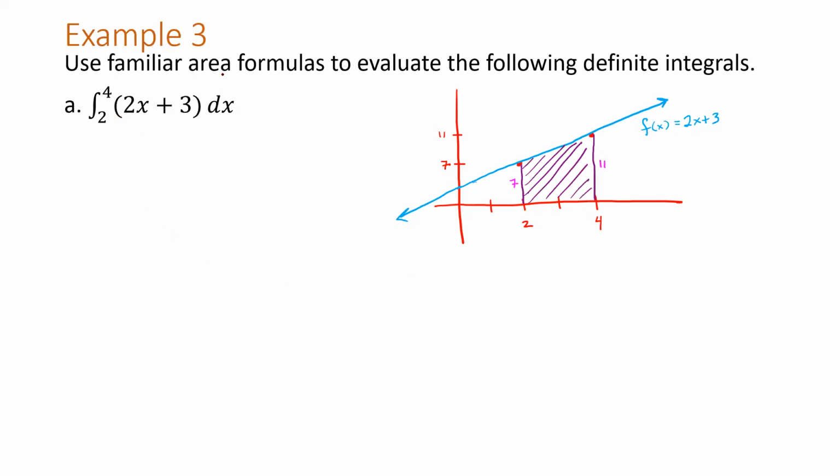So to compute the integral here, one way to do it is to look at this as a trapezoid that we can find the area of. If you don't remember how to find the area of a trapezoid, you can just break it up. You got a rectangle on the bottom, and then you got a triangle on the top, right?